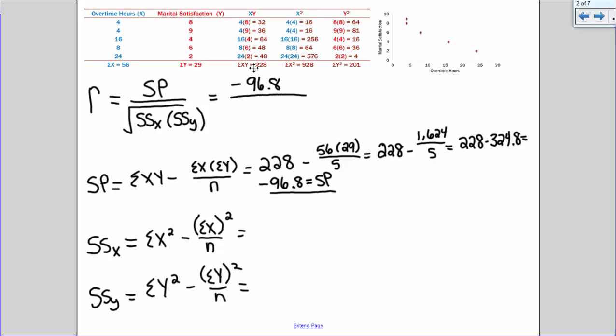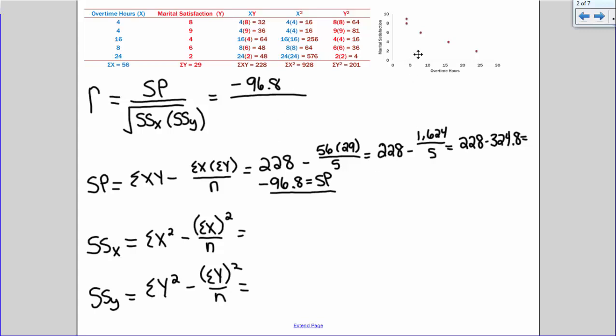So real quick, I want to point out that the variability is never going to be a negative number. You're never going to have a negative number for sum of squares x or sum of squares y. What determines whether or not your correlation is negative is your sum of products. So you can get a negative sum of products, and if you do, the overall correlation will be negative. And if you get a positive, your overall correlation will be positive.